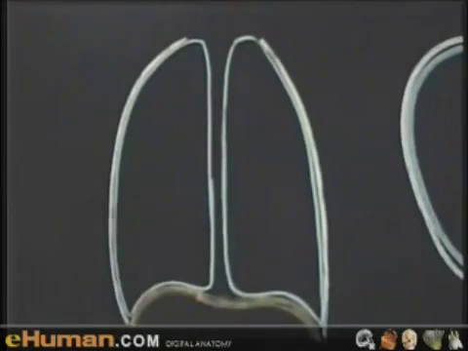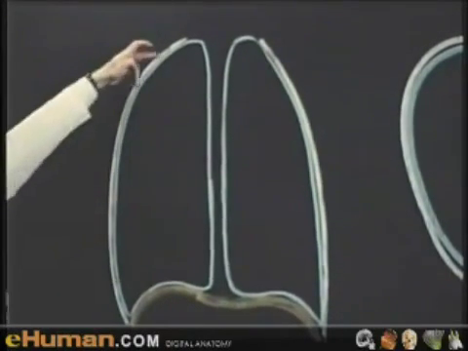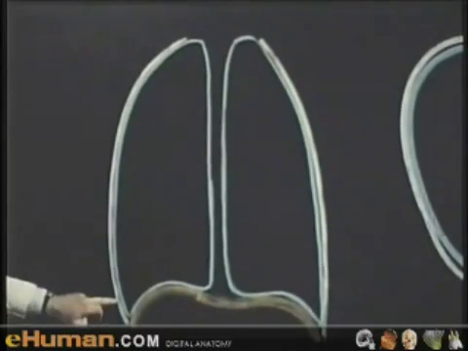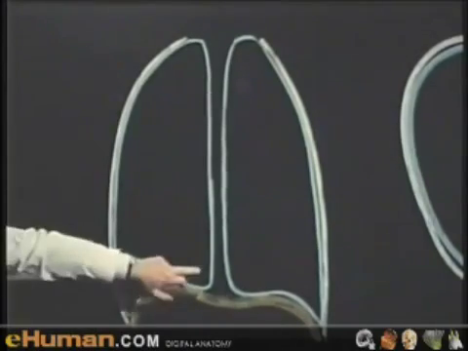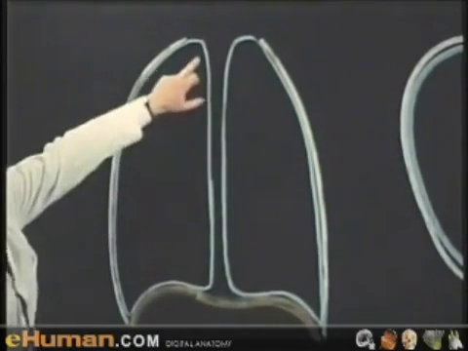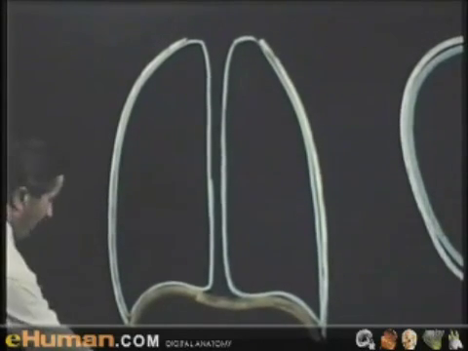So on this particular section we can recognize the following areas of the parietal pleura. The costal parietal pleura lining the chest wall, the diaphragmatic parietal pleura covering the upper surface of the diaphragm, and the mediastinal parietal pleura covering this partition which lies in the midline.